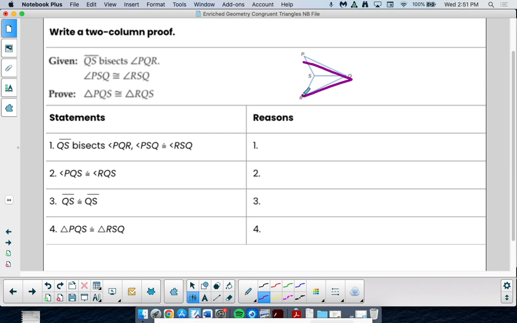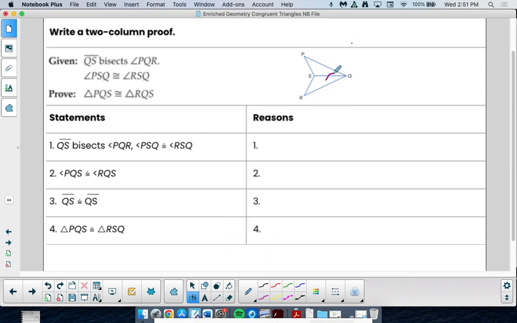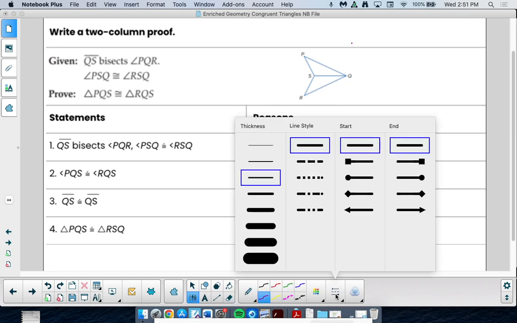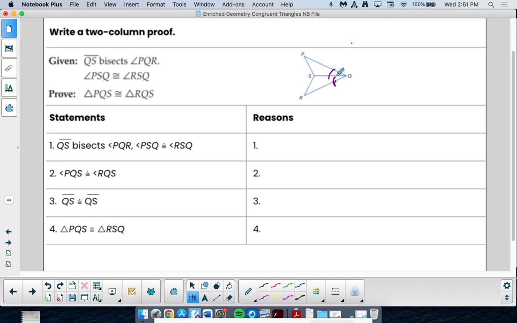It's that corner angle over there by Q. If I'm bisecting it, remember we're creating two equal angles. So I'm going to mark it. Didn't really turn out as well as I wanted, so let's try one more time. This angle and this one. Yep, those two angles are congruent.